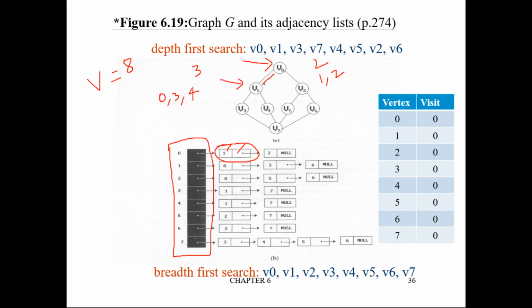That means first we enter the left child, then the next child, and then the rightmost child. This order is important, otherwise the traversal will not work correctly. Are you getting it? Okay, fine. Similarly, vertex 1 has a pointer to its parent v0 and then to its children.